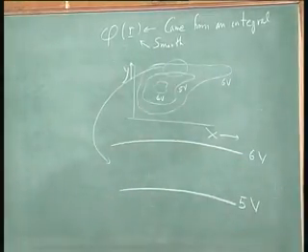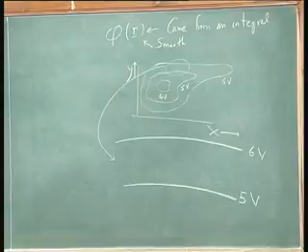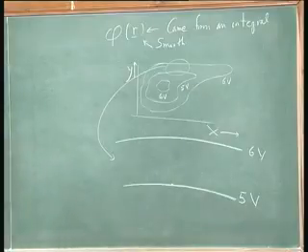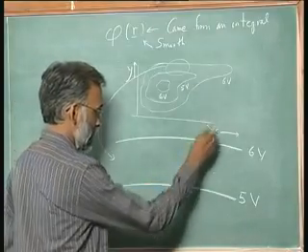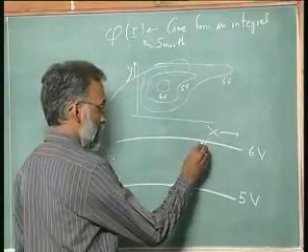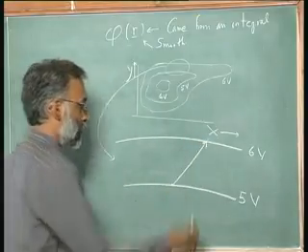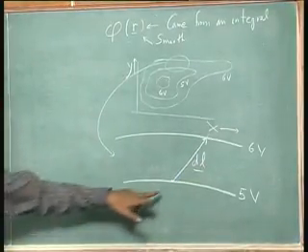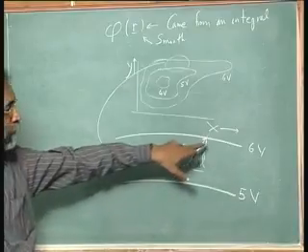They are both slightly curved, so I have drawn them slightly curved. Now, I am sitting here and I move in some direction, and after I move some distance, call it dl, I go from phi of 5 volts to phi of 6 volts.